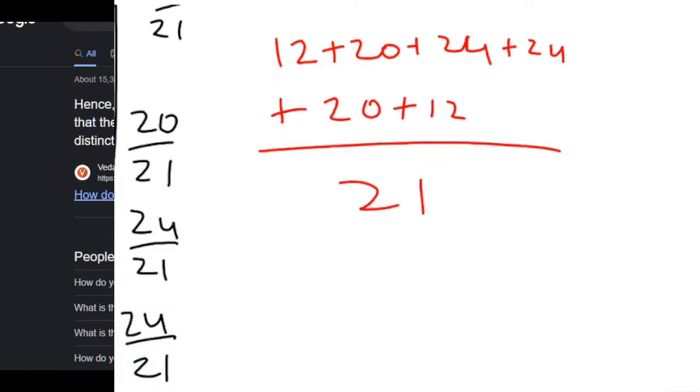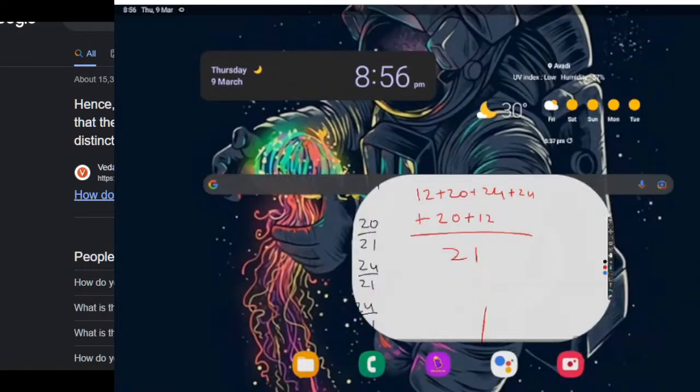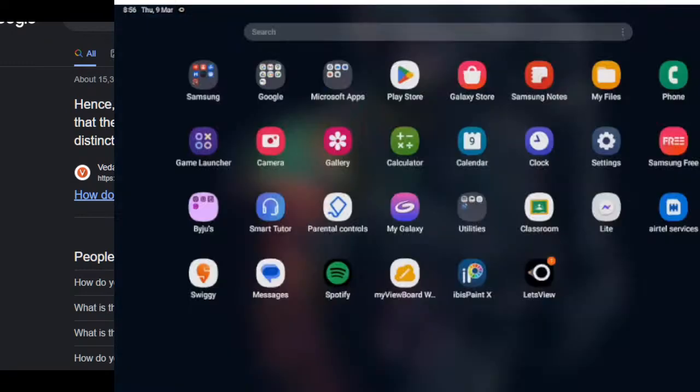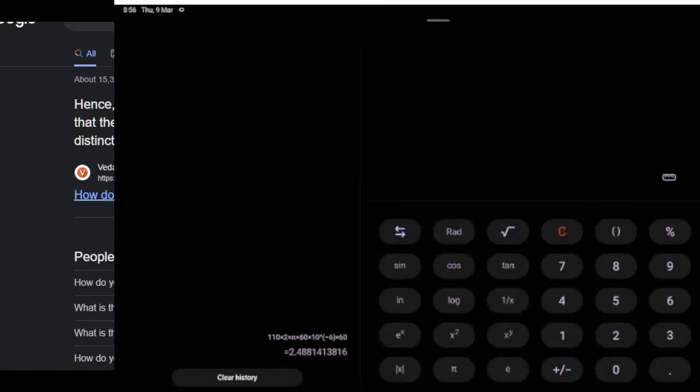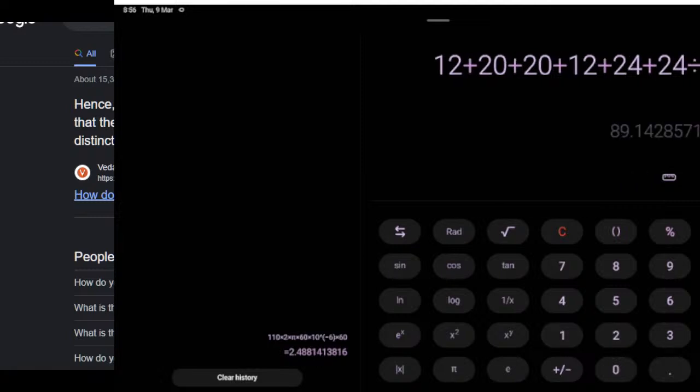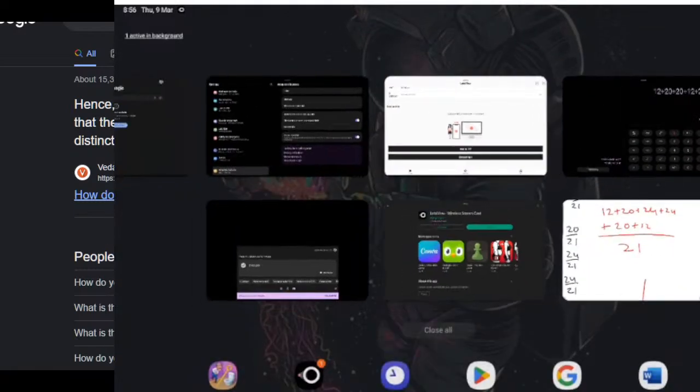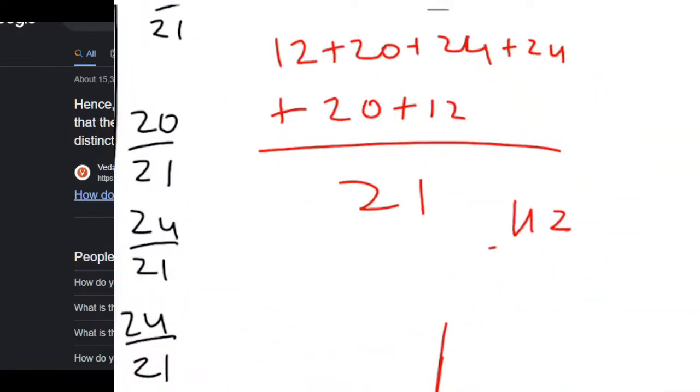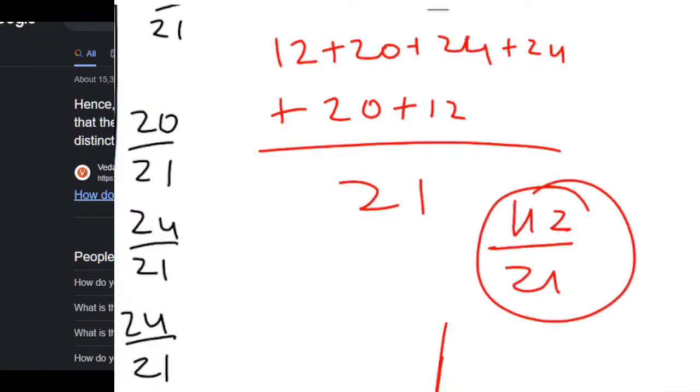Let me just calculate it. Let's just leave it at 112. So it is 112 by 21. So this is the mean of x.